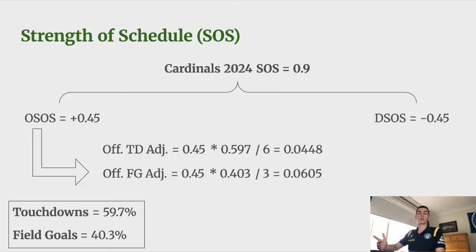Again, a field goal is worth 3 points, which equals 0.0605. So these calculations show that after converting opponent strength into scoring units, the Cardinals' offensive schedule difficulty increases their expected output by 0.045 touchdowns and at the same time 0.061 field goals per game.